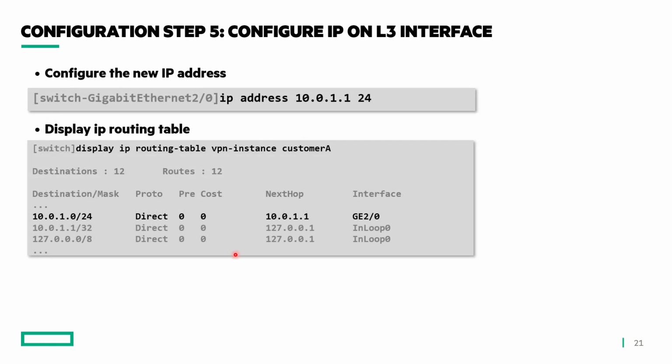Now you assign an IP or any other settings, and then you can see that this is directly connected. Display IP routing table VPN instance. That's the local interface, the local network, because we created that interface. Notice the /32, which is the interface.